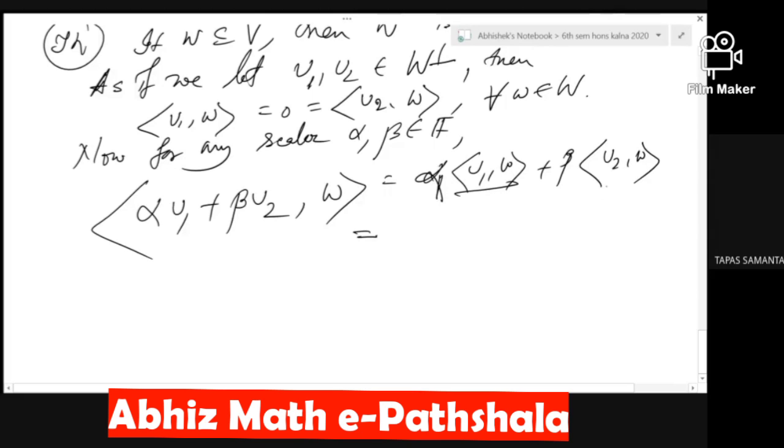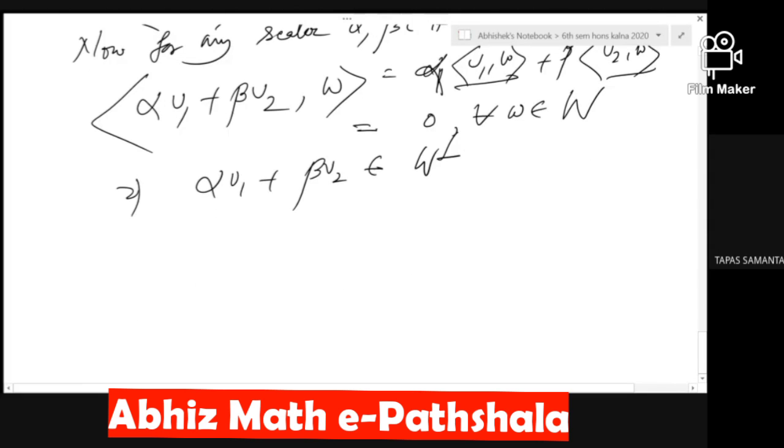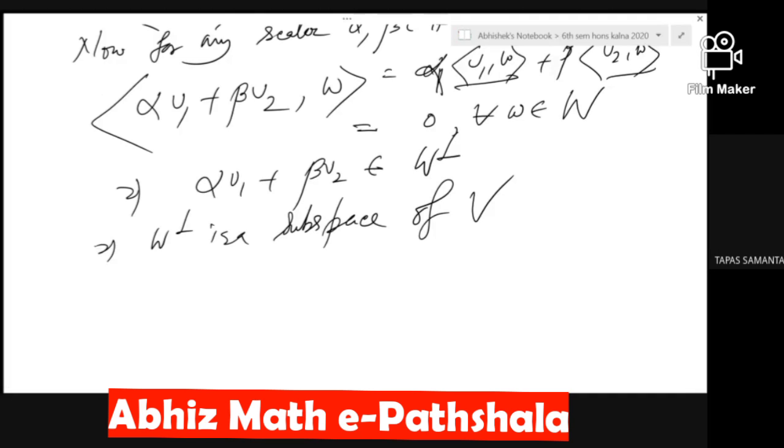Now these two inner products are 0, so that means it is 0. And this is true for all w belonging to capital W, and that means alpha v1 plus beta v2 belongs to W perp. This proves that W perp is a subspace of V. Whether W is a subspace or not, W perp is always a subspace of the vector space V.